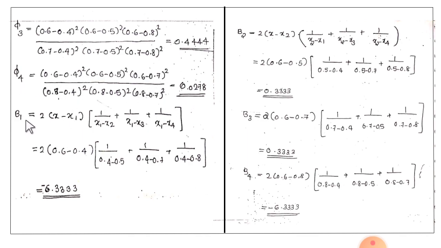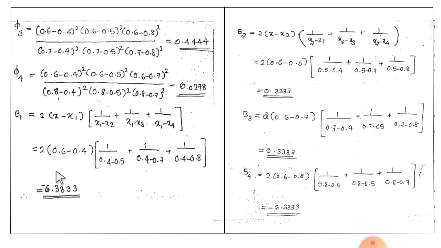Next you have to find the value for bi. So here you have to find b1, b2, b3 and b4. First of all, b1 is given by using equation 2 into (x minus x1) into (1 by x1 minus x2 plus 1 by x1 minus x3 plus 1 by x1 minus x4). So substitute all those values.